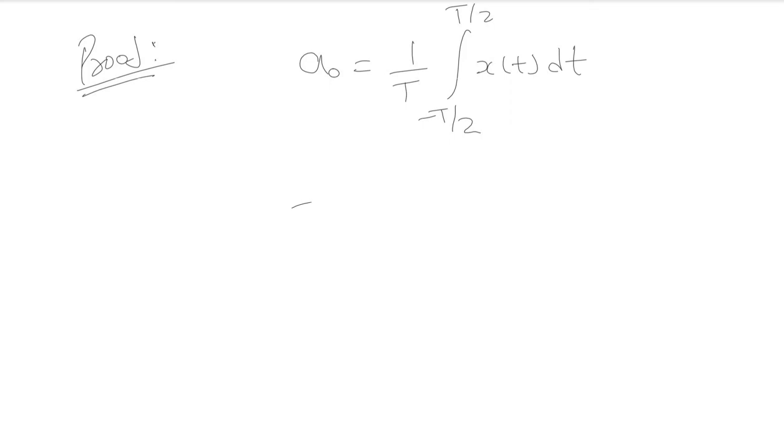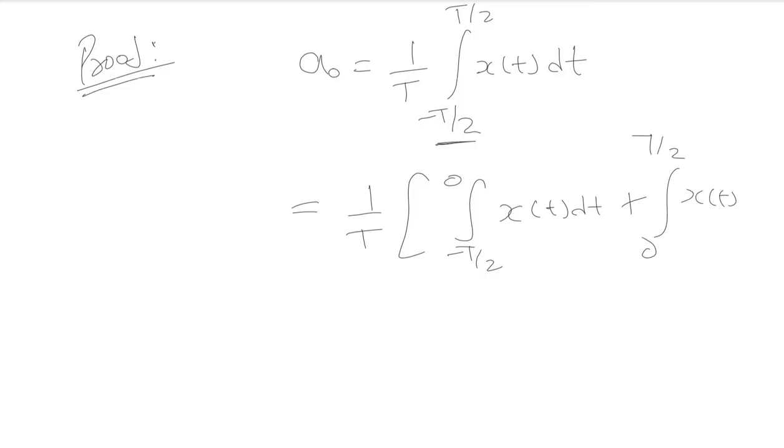The standard expression of a0 is 1 upon T integration in one time period. Let us take the time period from minus T by 2 to T by 2 xt dt. This is the standard expression for the Fourier series coefficient a0. Let us simplify it a bit. Let us break this limit: from minus T by 2 to 0 xt dt plus 0 to T by 2 xt dt.